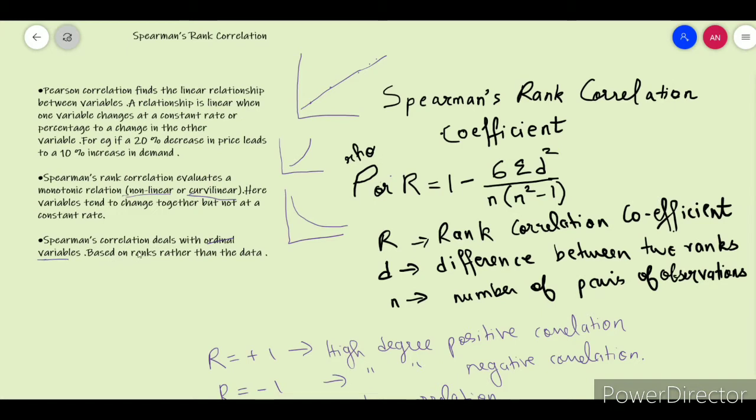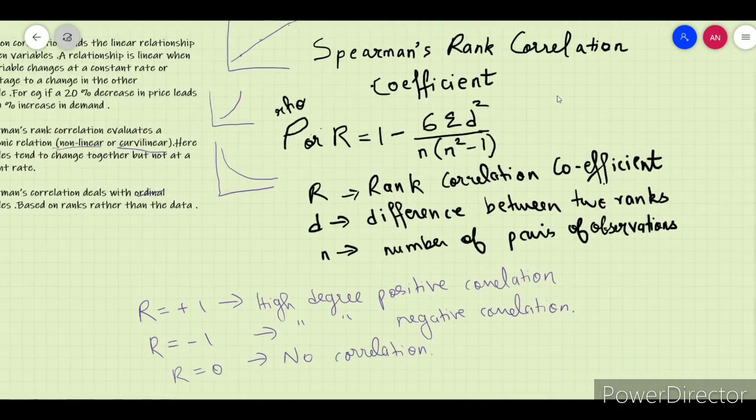Qualitative data such as beauty, honesty, intelligence can be computed using Spearman's correlation. Which means we can find the relationship between one person's beauty and another person's beauty and find if they are correlated. And remember, we will be using ranks. So let us have a look at this Spearman's rank correlation.